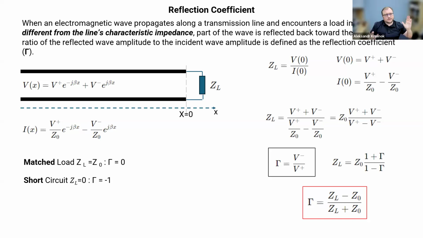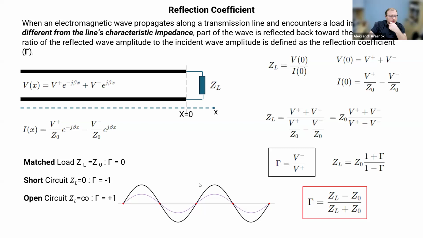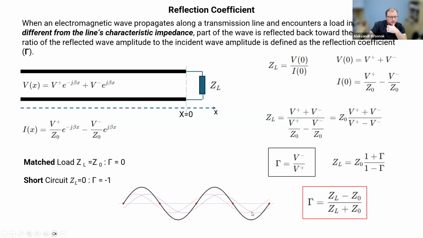So this superposition of the incoming wave and the reflected wave creates a standing wave in this case, which looks like this. Blue is incoming, red is reflected, and black is the superposition of both. It's just a standing wave oscillating from -1 to 1.